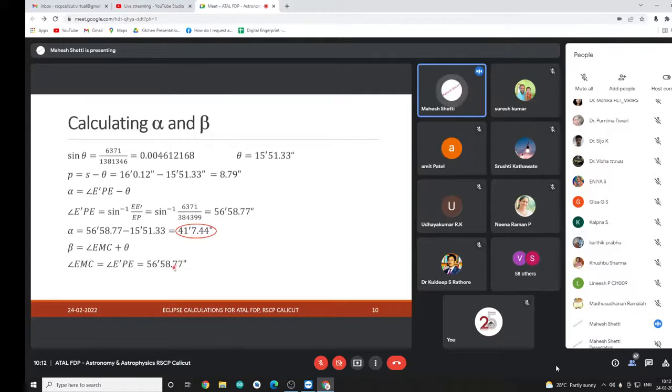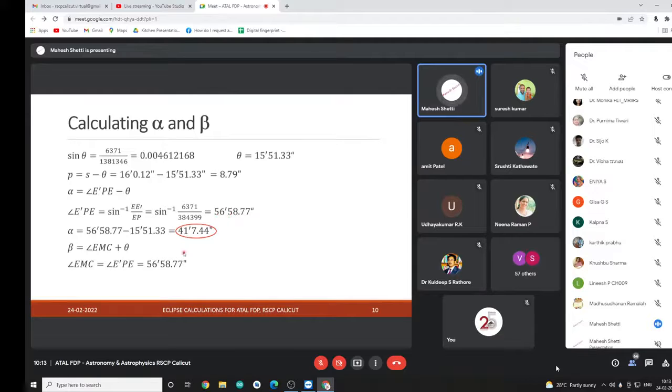Many times some of these significant digits may not be important, but for intermediate calculations I have put them. We stick to some rule of significant digits: if the radius of the Earth is given up to 4 significant digits, even if the Earth Moon distance is given with greater significant digits, the final answer is correct only up to 4 significant digits. So 56 minutes and 59 seconds, I can round off like that.